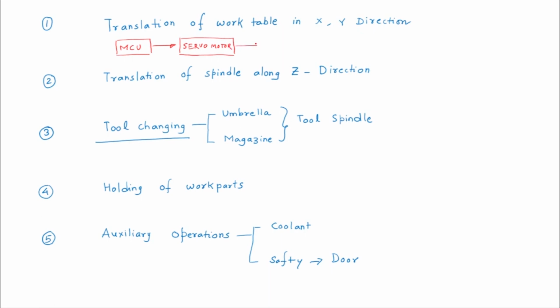The servo motor is driving the ball screw. On the ball screw, the work table is engaged, attached. So as there is rotary motion of the ball screw, we are getting the translatory motion of the work table.